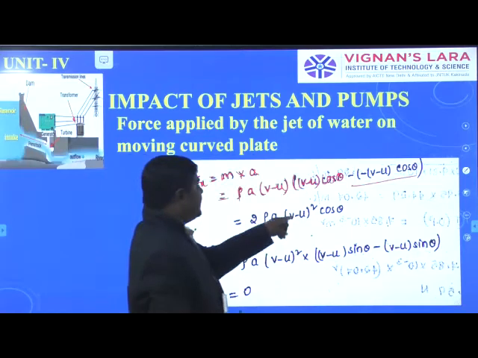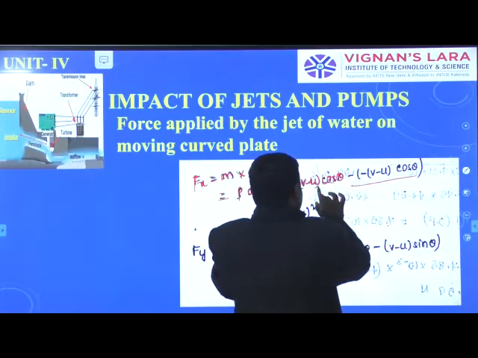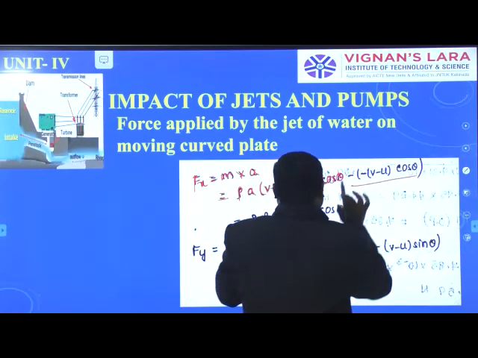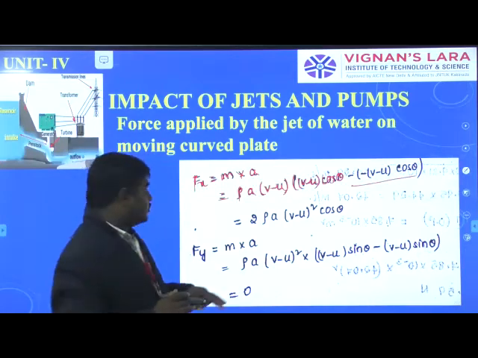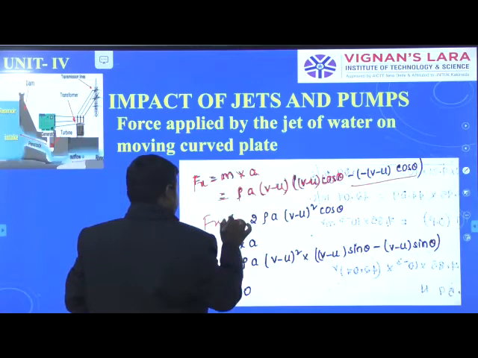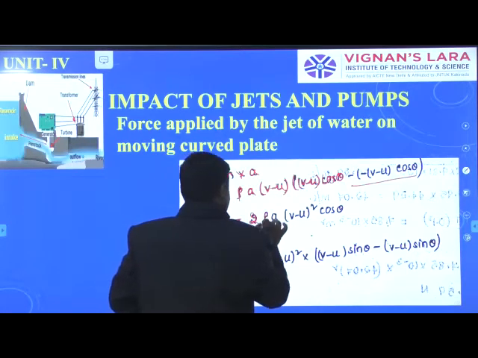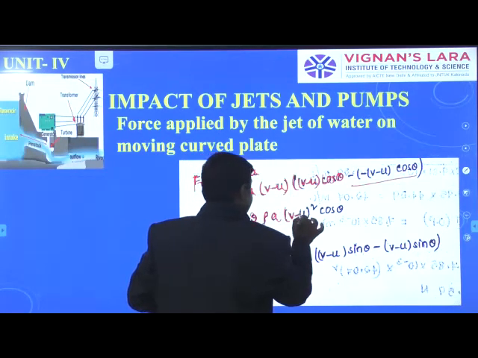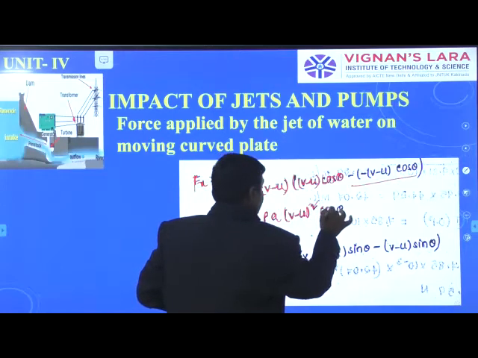Then v minus u into v minus u, whole square, so Fx equals 2 rho a v minus u whole square cos theta.